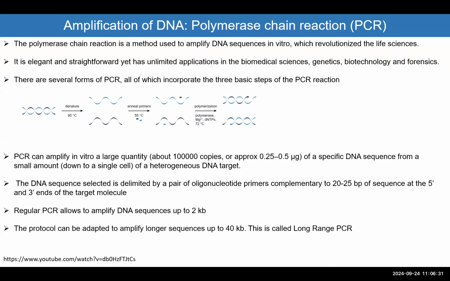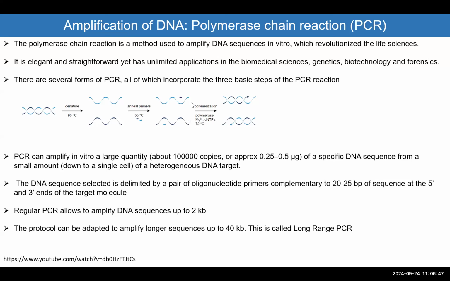So the 1 kilobase will take a longer time. Therefore, if we generate primers that are 20 base pairs, the moment we start decreasing the temperature from 95 down to, let's say, 55, quickly the primers will bind.